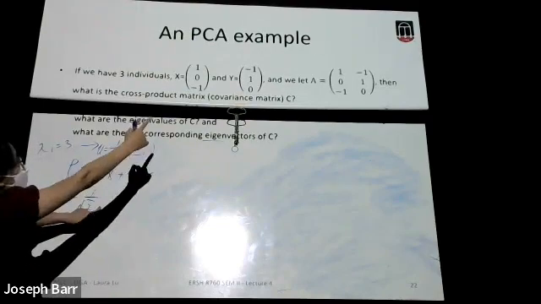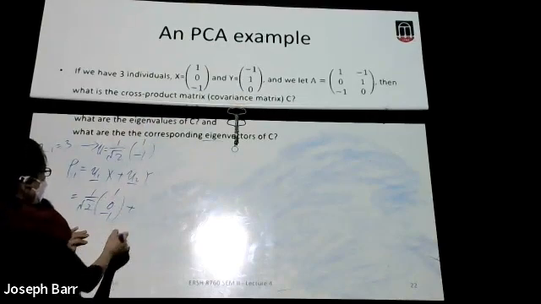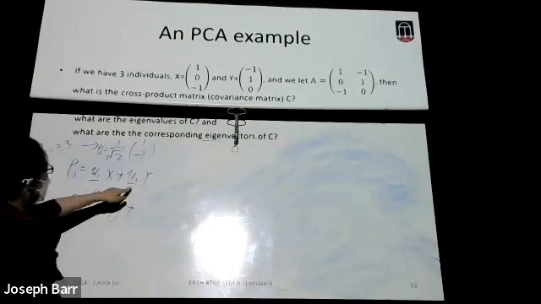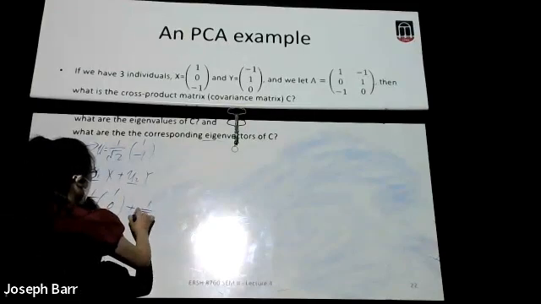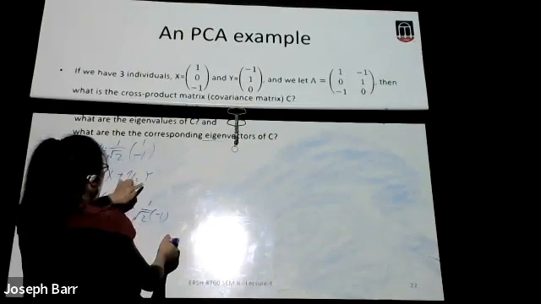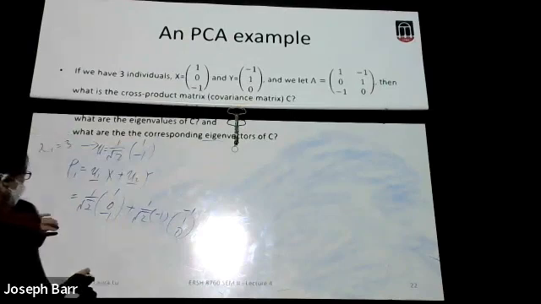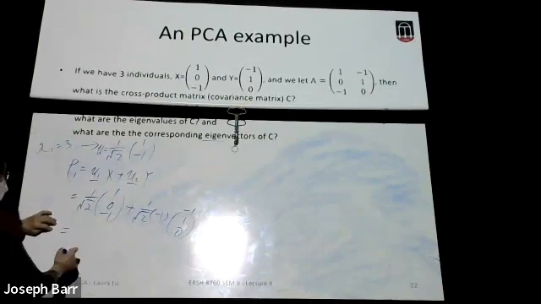X is (1, 0, -1) plus u2 is negative 1. Here we have negative 1. So y, we have (-1, 1, 0).